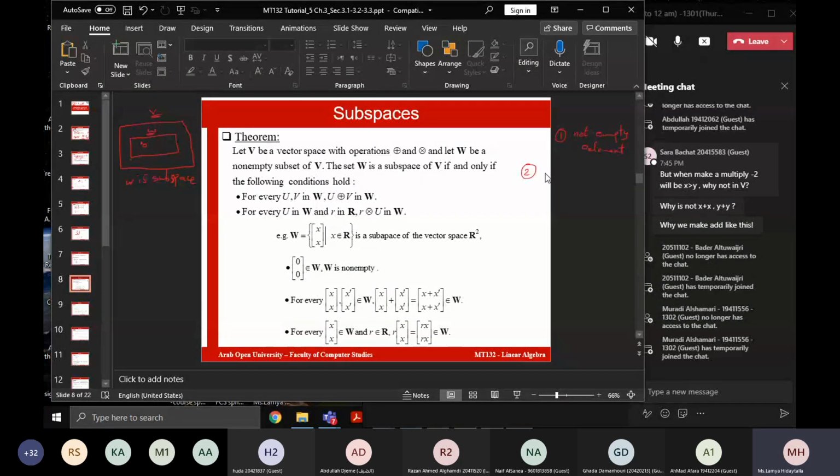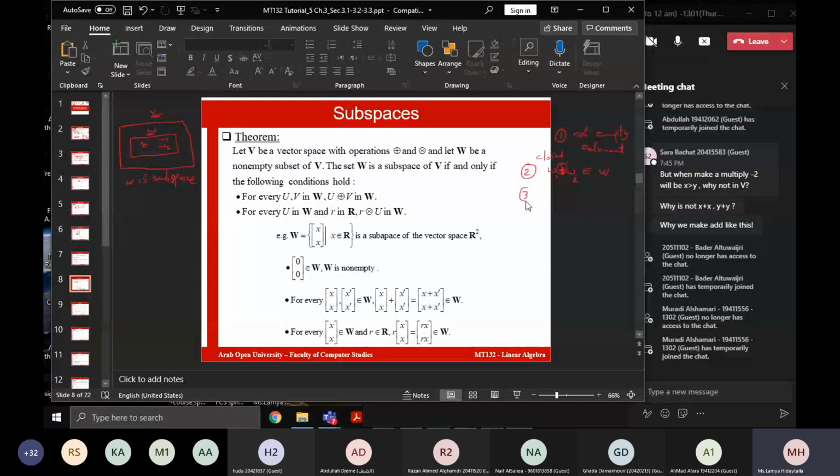That means take any 2 arbitrary vectors, let's say W1 and W2. So the addition of these 2 vectors should belong to W. That means it is closed under addition of vectors.